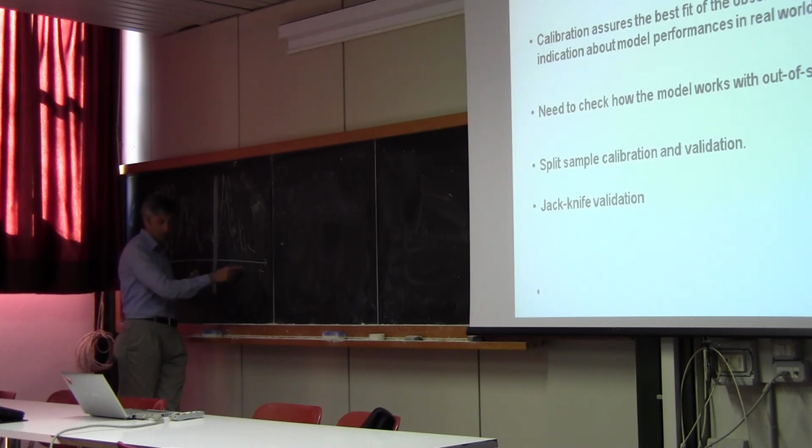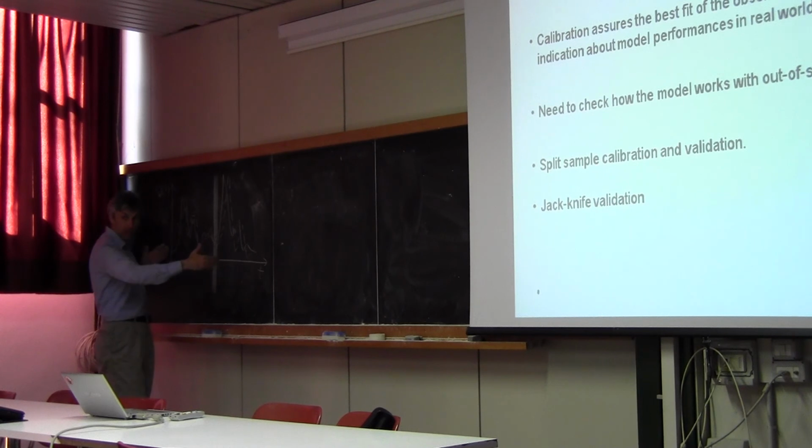So it's long enough. So you can minimize the length of the validation period, and this is of course good. And also you get a validation for a very long period, the whole hydrograph. So this is really very efficient.